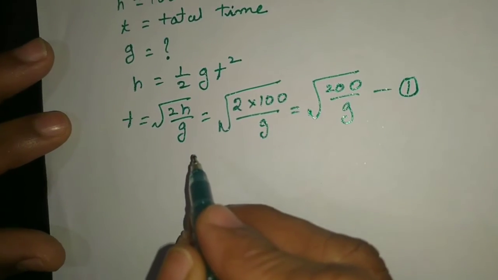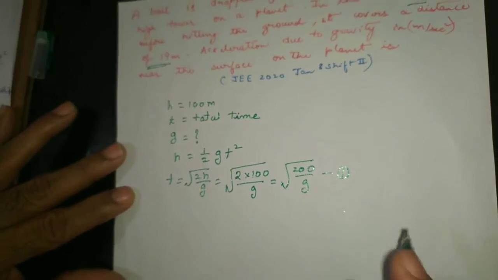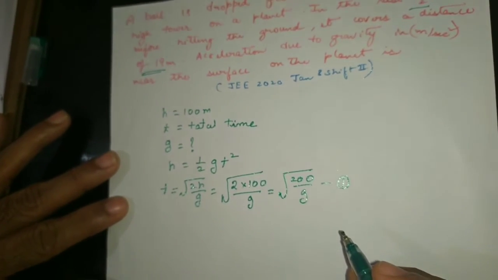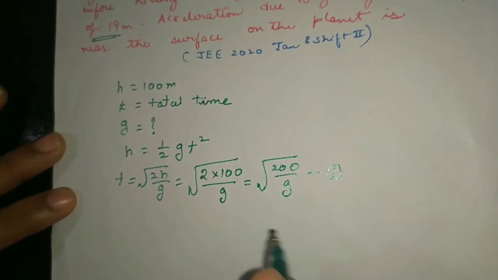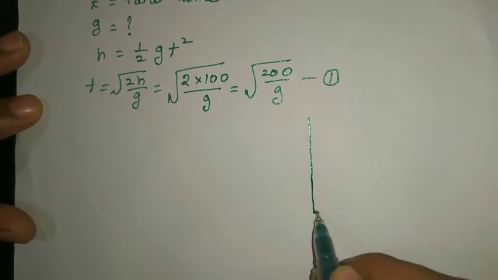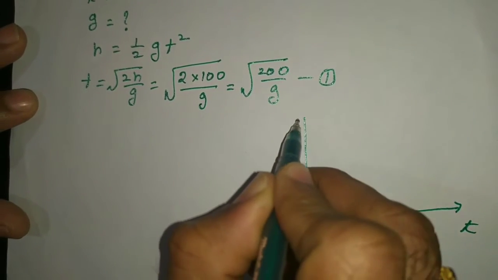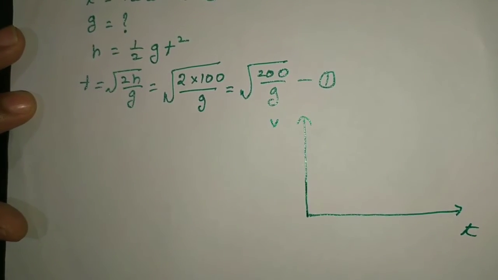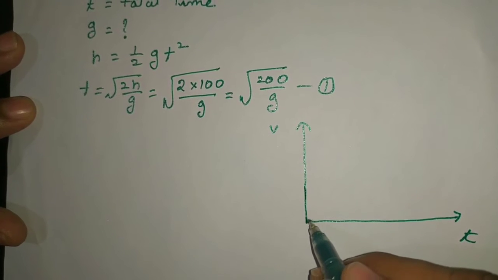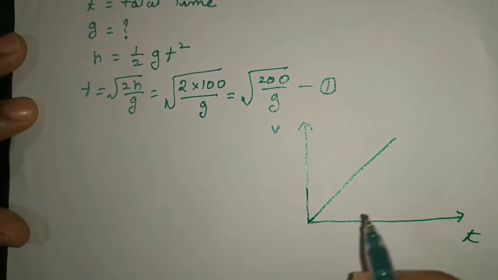And the second data: in the last half second before hitting the ground, it covers a distance of 19 meters. To substitute that value, let us plot a graph by taking time of journey along the x axis and velocity along the y axis. As it is falling with uniform acceleration, the graph is a straight line with a constant slope.